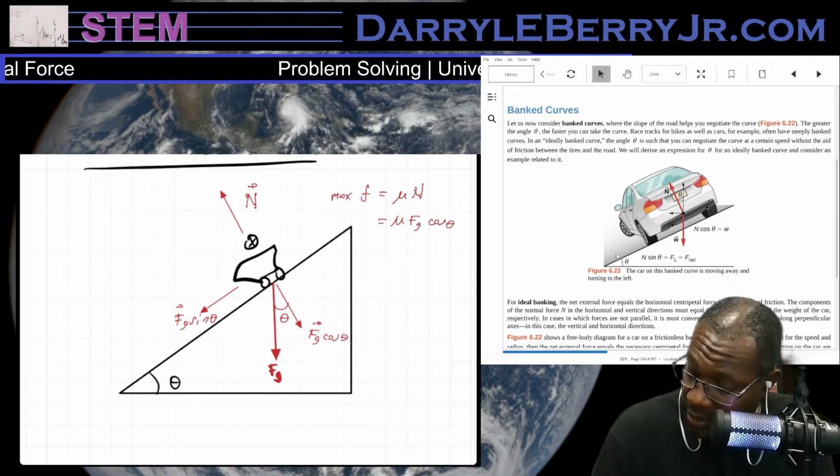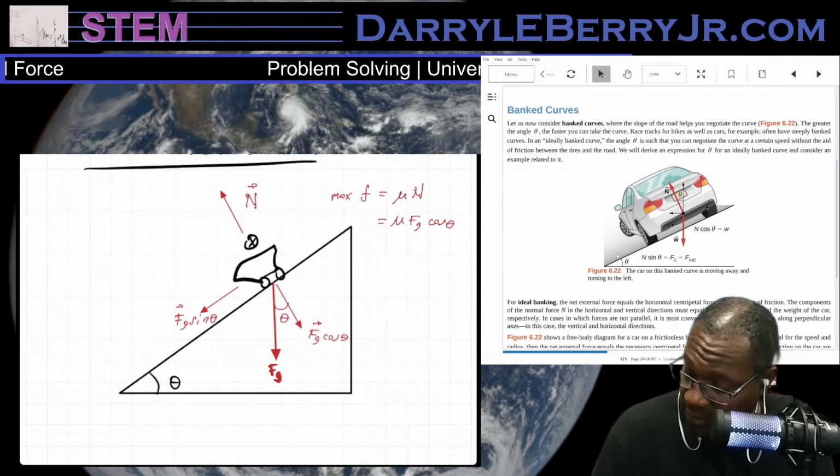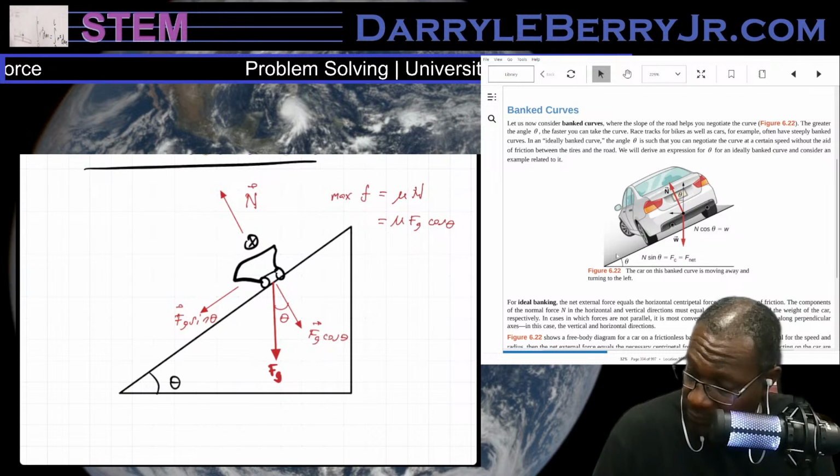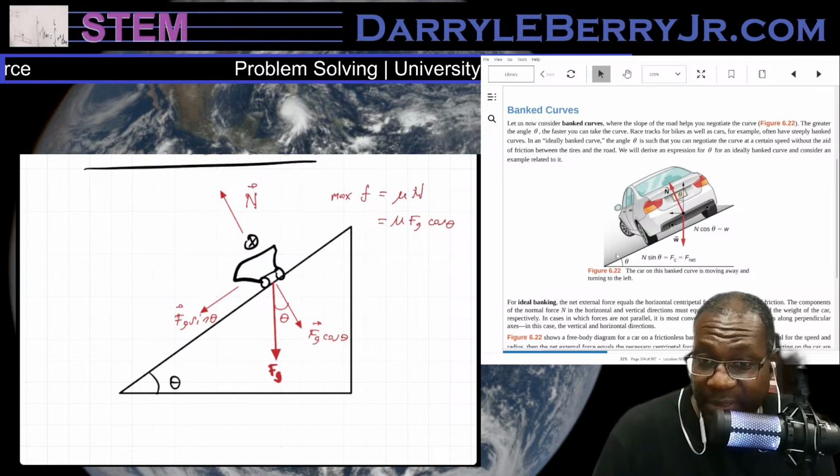So the bigger the angle, the less friction, because there's less of the roll pushing down. Makes sense.